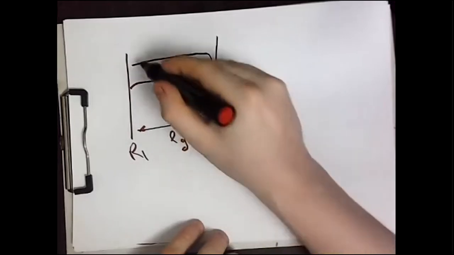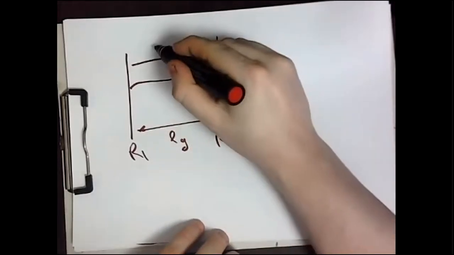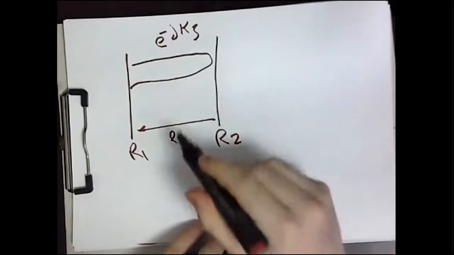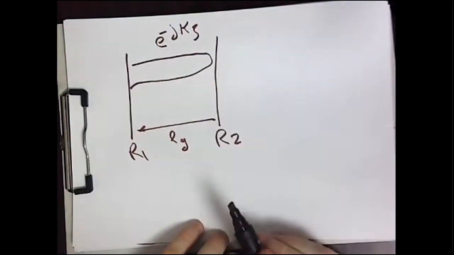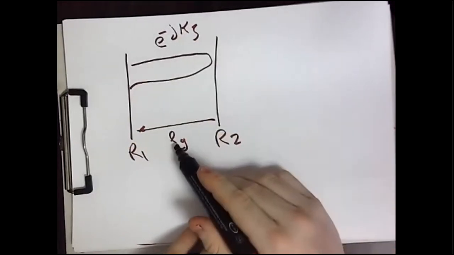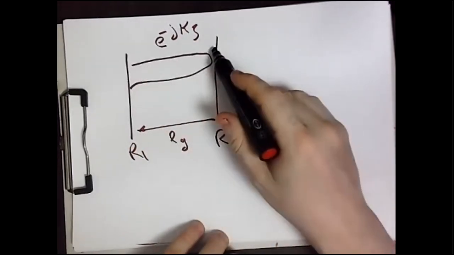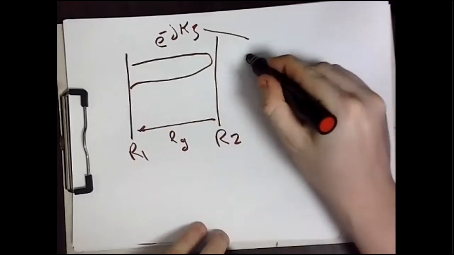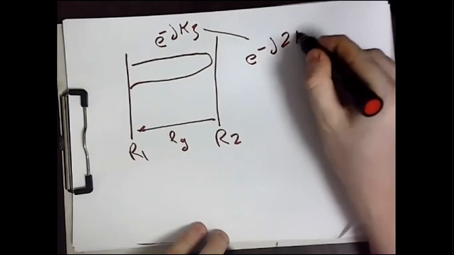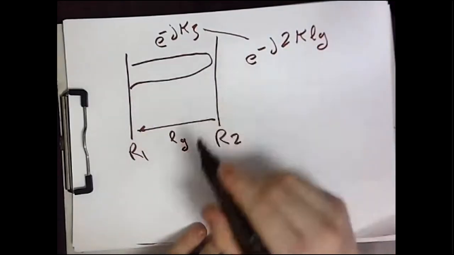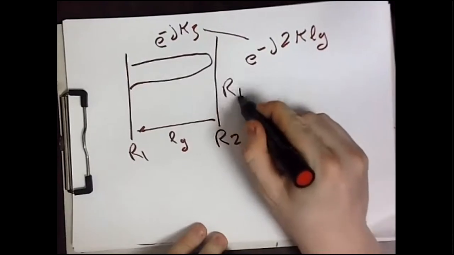Whenever your electrical field is propagating, there is a factor e to the power minus jkz, which represents the distance covered by the electromagnetic field. For a round trip, this z will turn out to be 2Lg, one Lg in this direction, another one Lg in this direction. So generally, it is e to the power minus j 2k Lg. And you have two factors, which are R1 and R2.